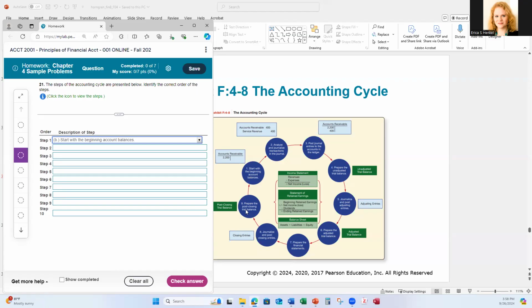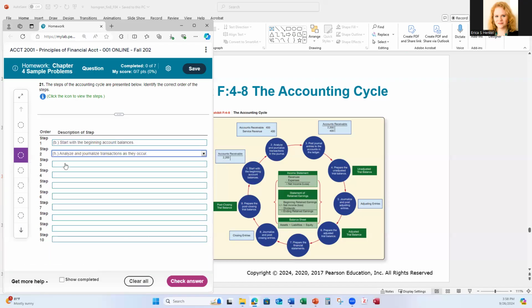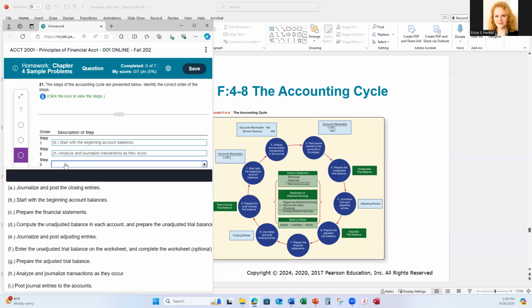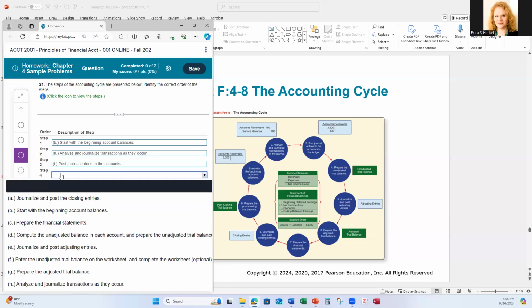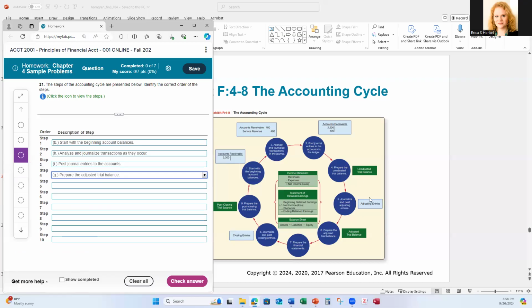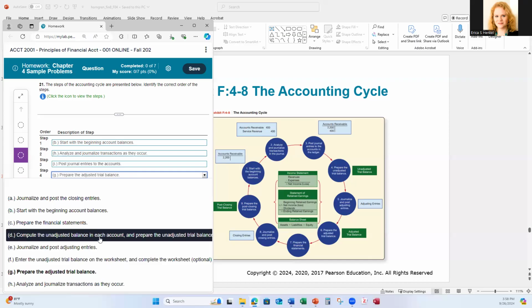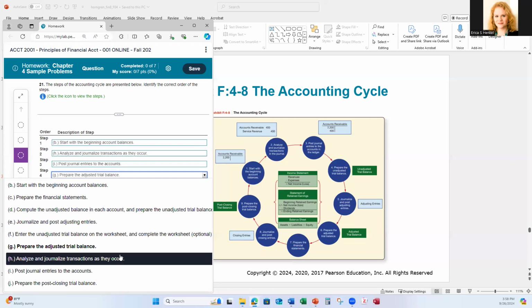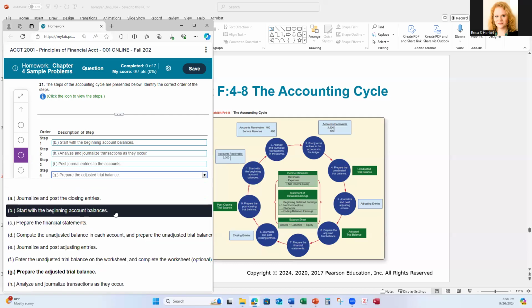So it's just a matter of following through here with, okay, so we're beginning our account balances. We're analyzing and journalizing the transactions as they occur, posting entries to the accounts, preparing the unadjusted trial balance.